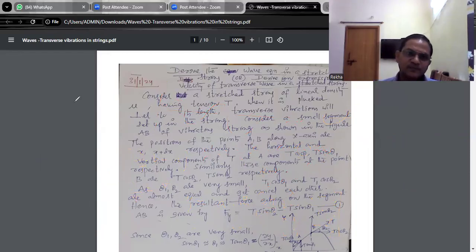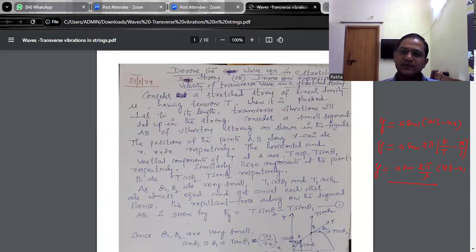Again, I am repeating the first one: y is equal to a sine of omega t minus kx, or y is equal to a sine of 2 pi into small t by capital T minus x by lambda, or y is equal to a sine of 2 pi by lambda into vt minus x.